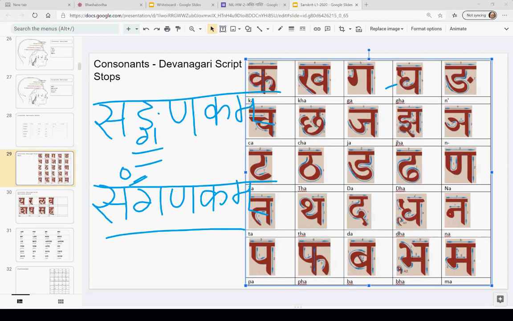Then why is it so? What is the anusvara pronunciation? This is anusvara, right? What is the difference between anusvara and this nga? That is a ma. Anybody? How is the anusvara pronounced?